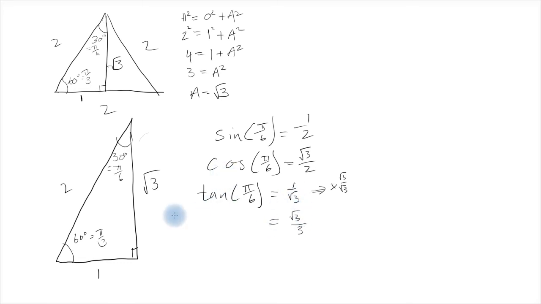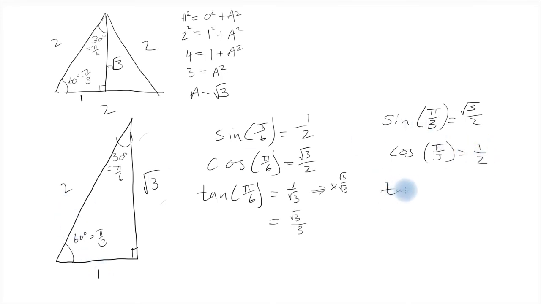Okay, so that's our 30-degree angle. Next, let's look at our 60-degree angle. Sine of pi on 3, or 60 degrees, is, well, opposite root 3 on 2. And cosine of pi on 3 is adjacent 1 over hypotenuse 2, so that's a half.